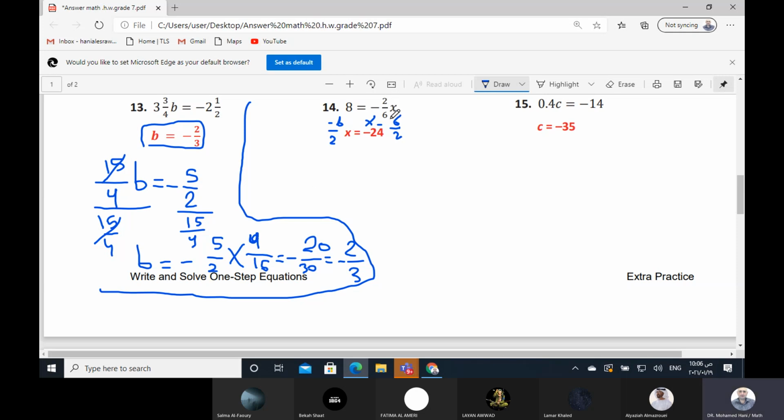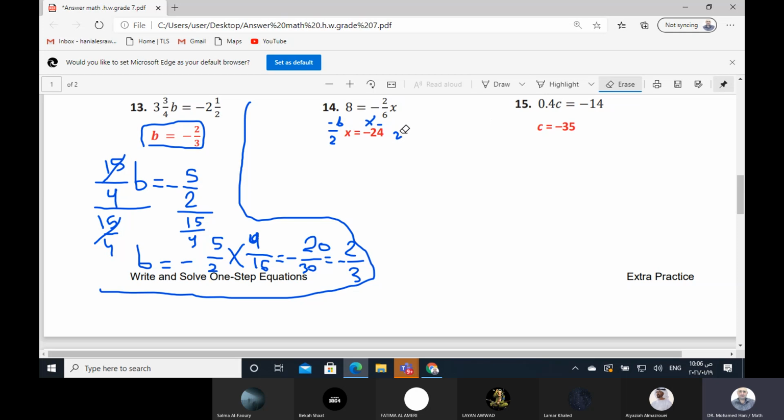Minus 2 over 6 times minus 6 over 2. As you know, any number times the reciprocal of this number will be 1. So here will be 1, remains x. And here minus 6 over 2 means minus 3. Minus 3 times 8 will be minus 24. This is the first idea.